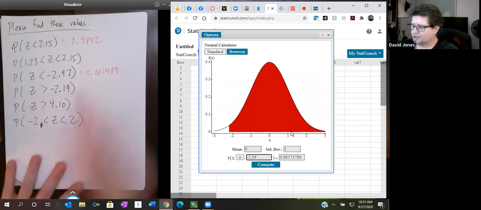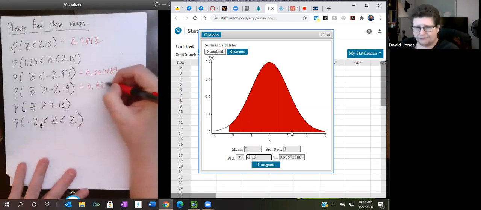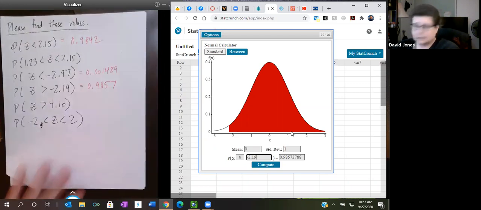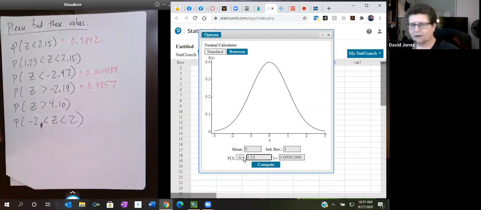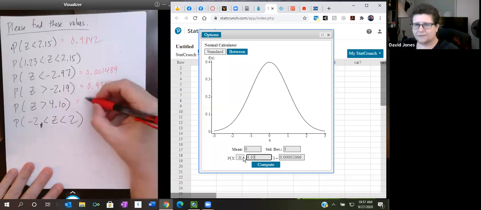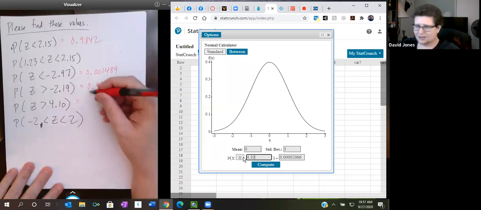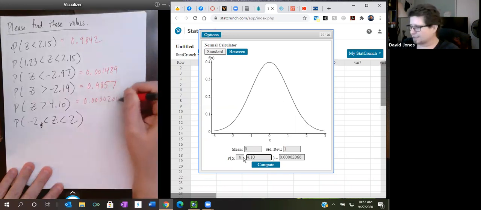So if the wrong region is shaded, you entered it wrong. 0.9857, and we would round the 7 downward. Greater than 4.1, very low. Notice it doesn't even show any red because it's off the scale. The scale goes up to 3 and it stops. 0.00002066, really low.